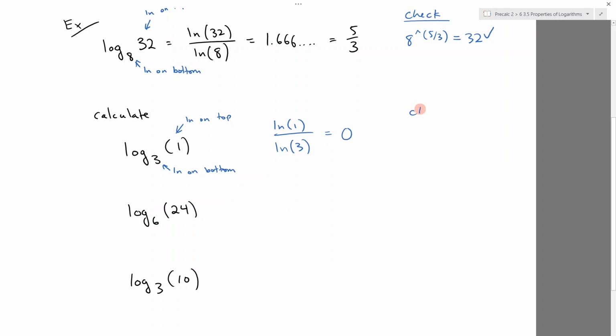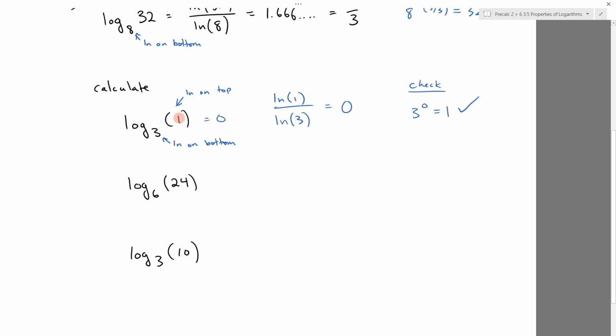And again, we check. 3 to the 0 is equal to 1. Actually, this one we didn't even need to use the calculator, because the rule is that no matter what the base, the log of 1 is always equal to 0, because anything to the 0 power is equal to 1.